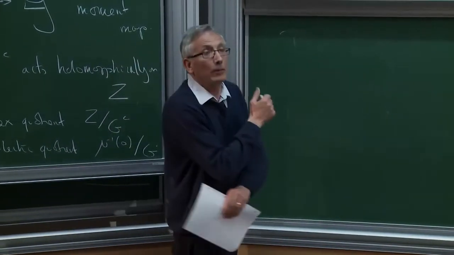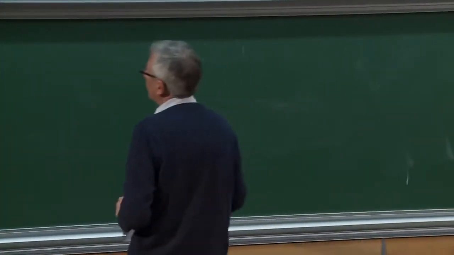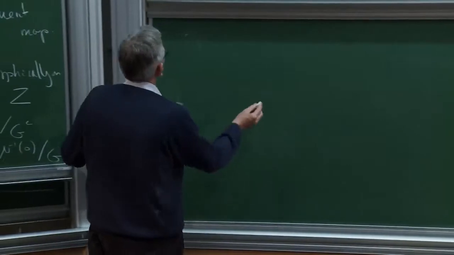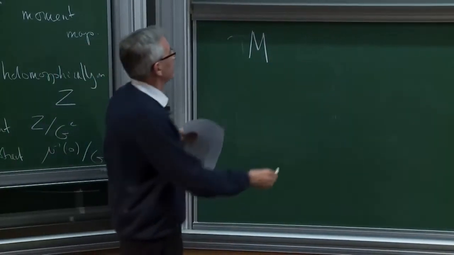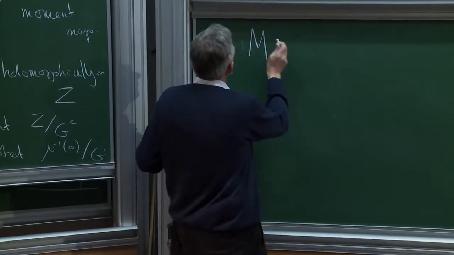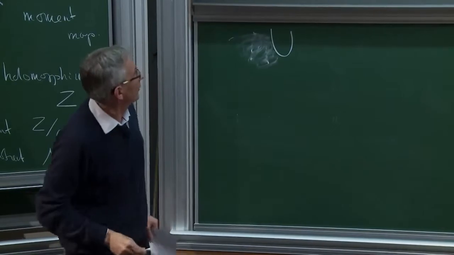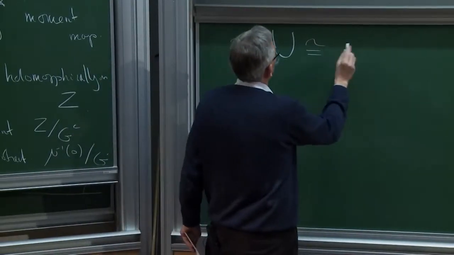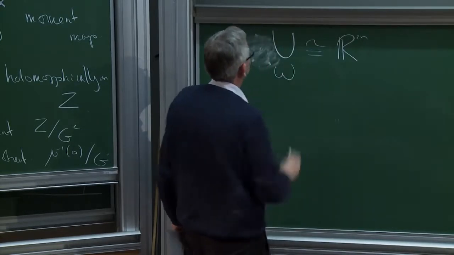What we want to recall are some standard facts about a homogeneous space, let's call it M. Let's suppose we have a 2n-dimensional real vector space, call it U, with a symplectic form.